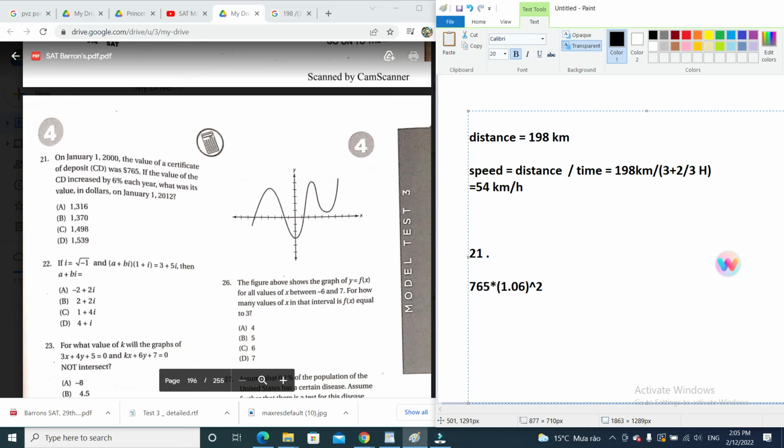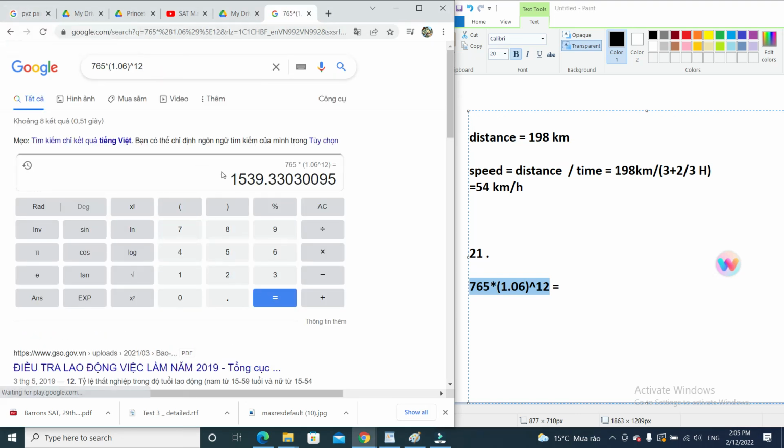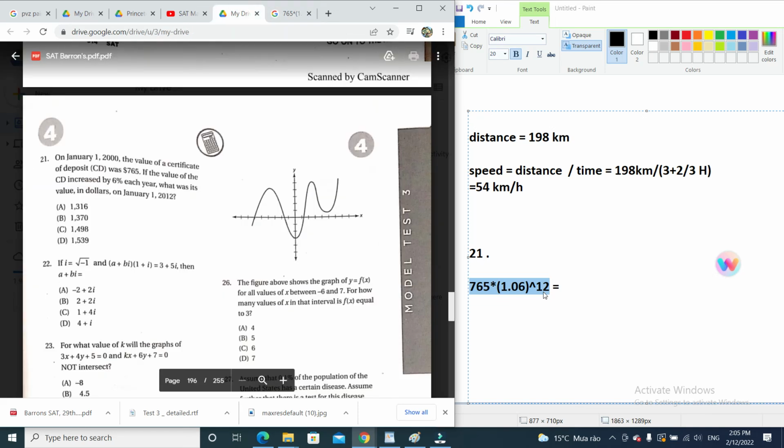So with that, we're gonna multiply in the total of 12 times, right? So the calculation gonna be 765 times 1.06 to the power of 12. Okay, and that's gonna yield 1539.33.